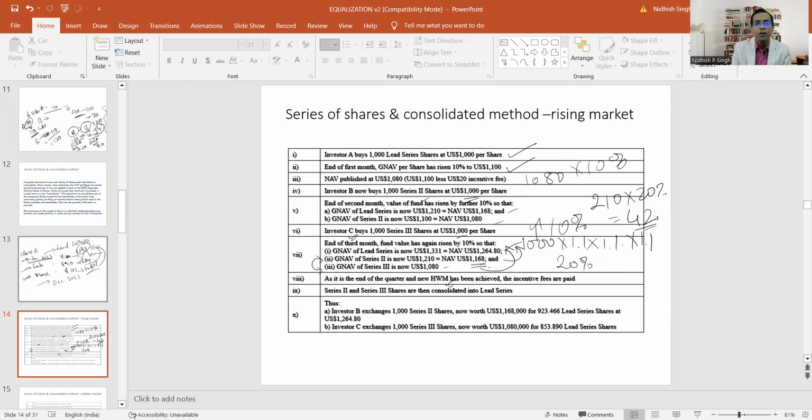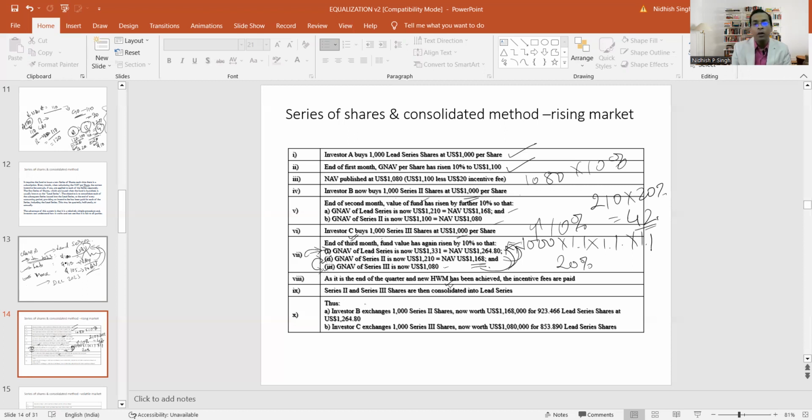If this one or this one is making loss and does not have any incentive fee crystallized or paid, it cannot roll into the lead series. So that's the rule. So since high water mark has been achieved and incentive fee are paid, the subordinate series are being rolled into the lead series, which is number 1 here. So what happens in terms of the exchange of the shares?